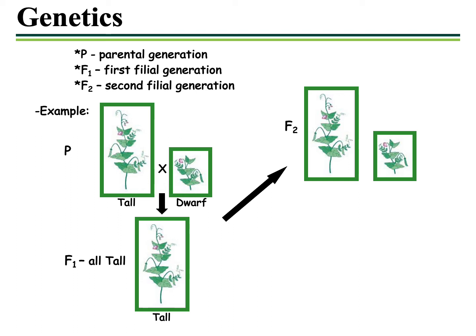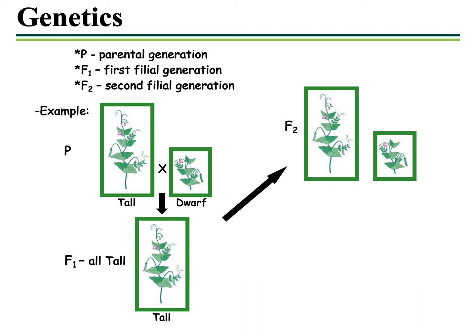The word filial comes from the Latin filius, which means son or offspring, so you're looking at the first offspring in this cross. In most genetic crosses, geneticists typically continue by crossing individuals from the F1 to one another and looking at the next generation, which would then be referred to as the F2.